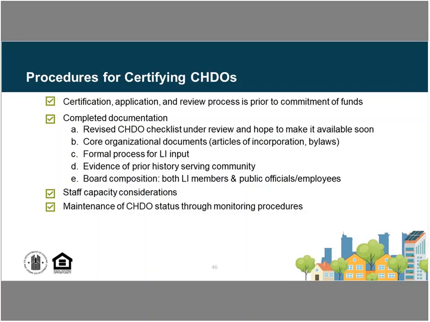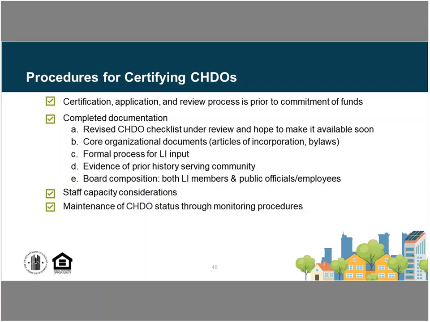So things that you need to think about, I think we've kind of talked through these: the certification, the application process, that review process that you're going to undertake to make sure that this is a certified organization, it's an eligible use of funds, that it's appropriate. So as part of that, having a checklist in place for your certification process for CHDOs, having some standard list of documents that you would expect to have in place for each of those files.